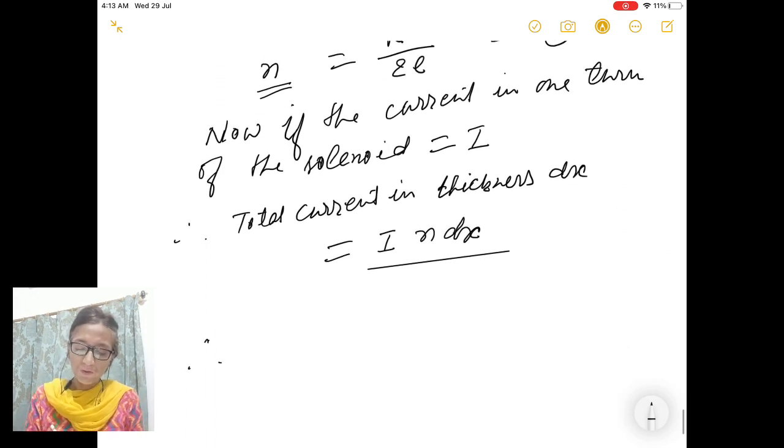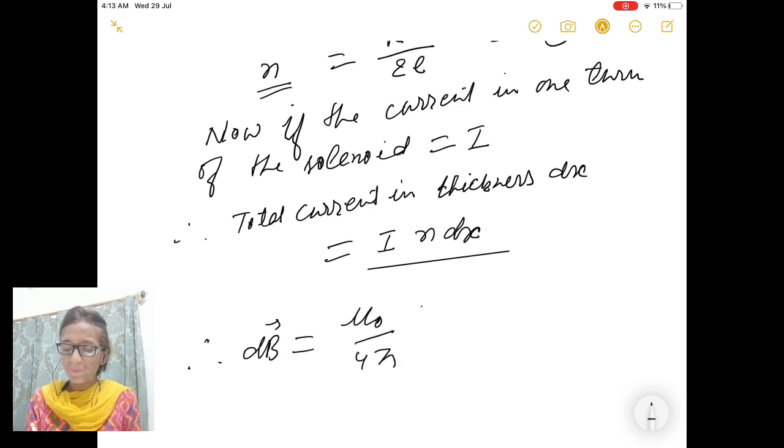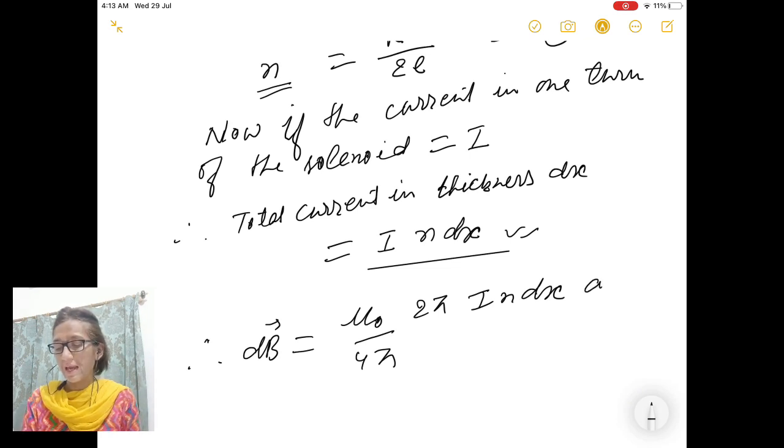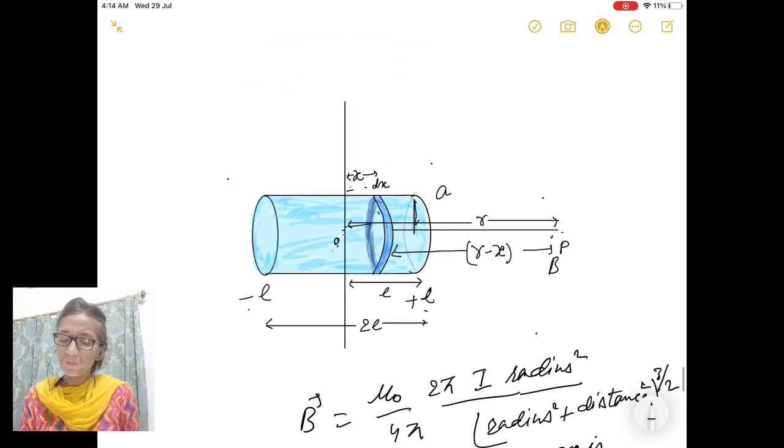So therefore dB is equal to mu naught upon 4 pi, 2 pi, and then I is this value, I and dx into r square. R is your a, so a square, radius is a, upon a square plus this distance from the small thickness dx to point P, where we are to find the magnetic field B, is r minus x.